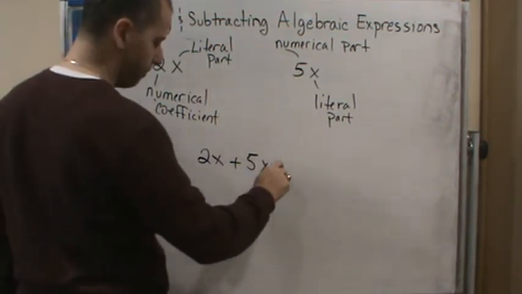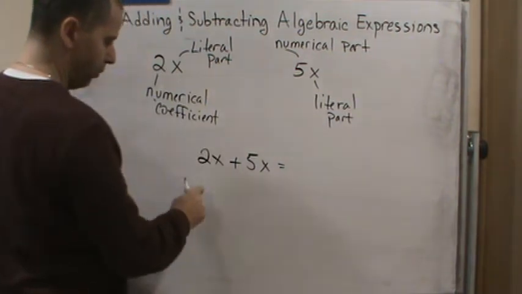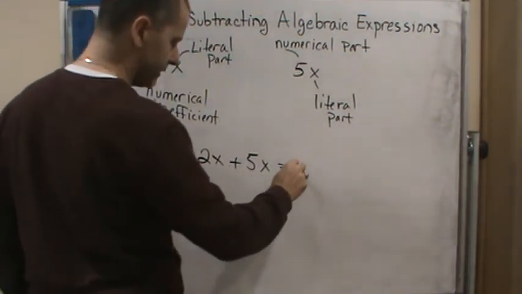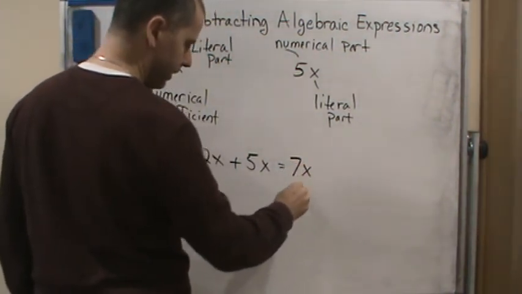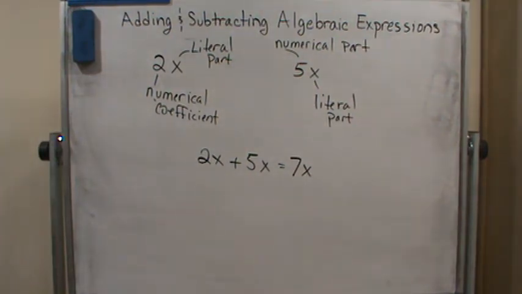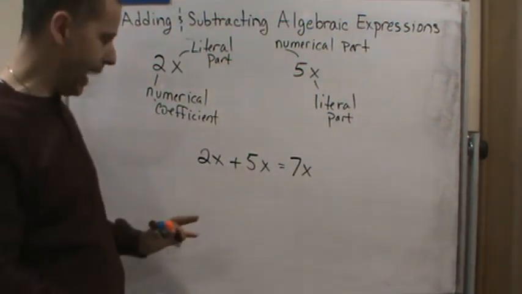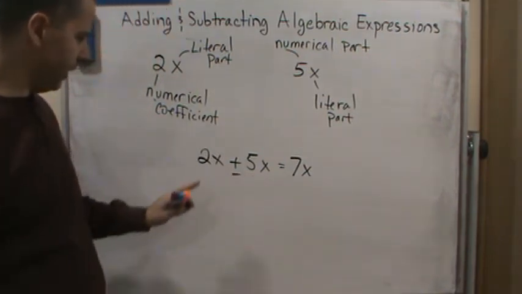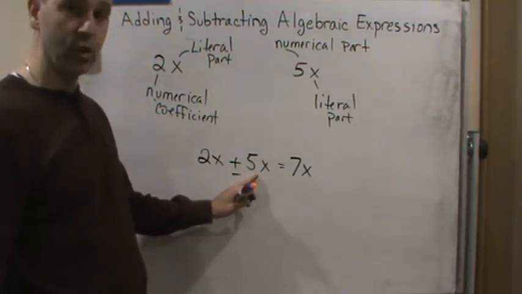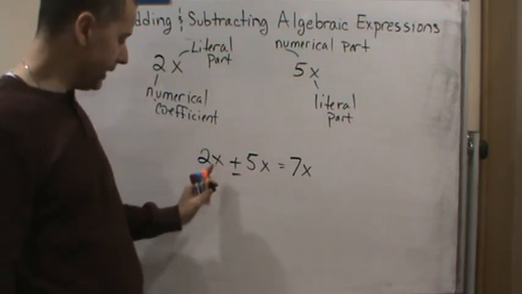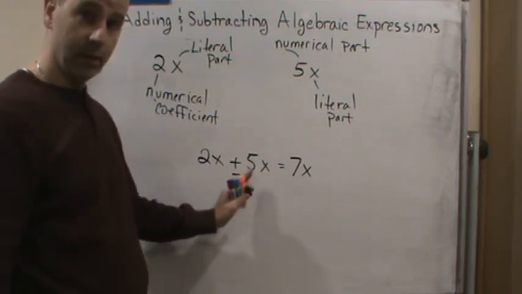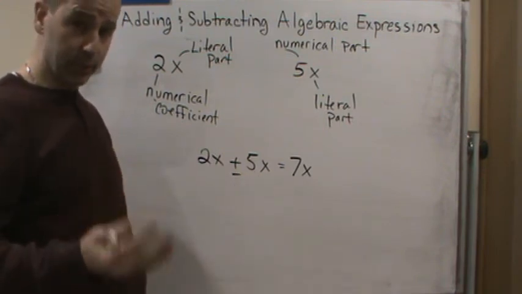So 2 x's plus 5 x's gives me how many x's? 7 x's. So the rule is when I have like terms, I add or subtract, if it's a subtraction, the numerical part, and I keep the variable part. So very similar to fractions.